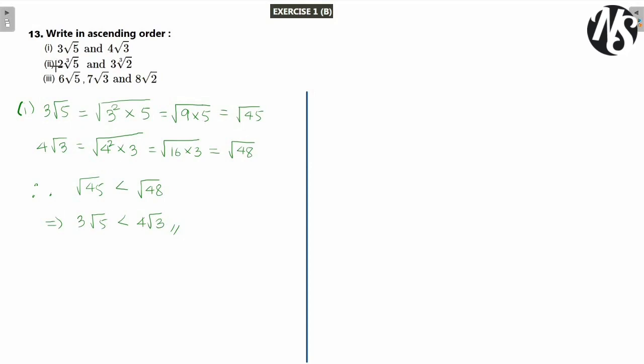Now let me take number 2. In question number 2, the first number is 2 cube root of 5. Now this time we don't have a square root. When we had a square root and took the number within it, it became 3 square.